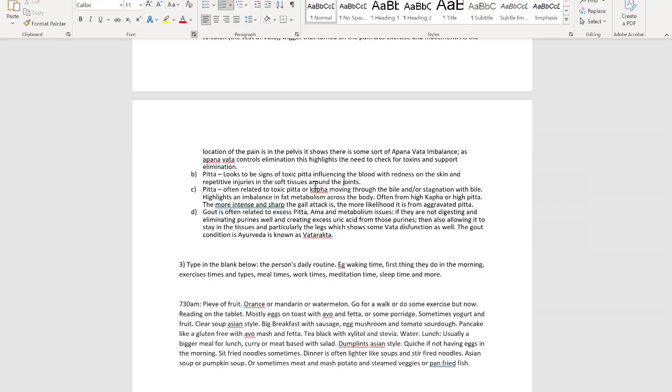So it's that hot, sharp pitta that can penetrate there easier and then get stuck and create more heat, repetitive inflammation, particularly if there's exercise and there's already a bumping heat there, then it can over-pitta the joint during those times. And we generally see that as some redness in the area, at least some heat. And if we see a combination of that with injuries in the soft tissue, it leads us towards thinking about toxic pitta influencing the blood.